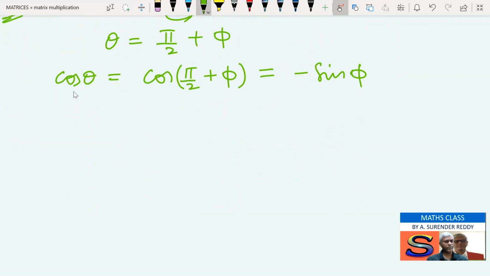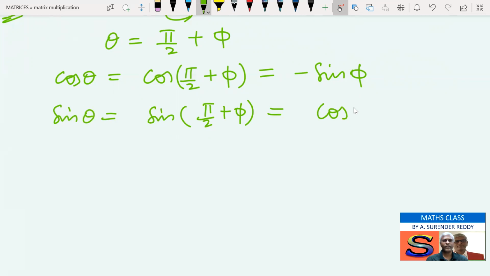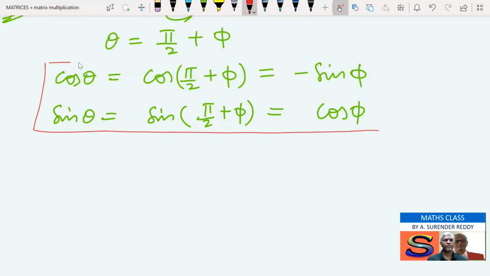For this problem, just remember cos of 90 plus theta is minus sin theta, and sin of 90 plus theta is cos theta.